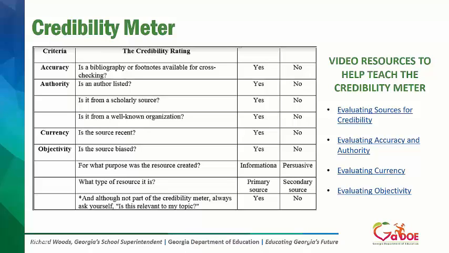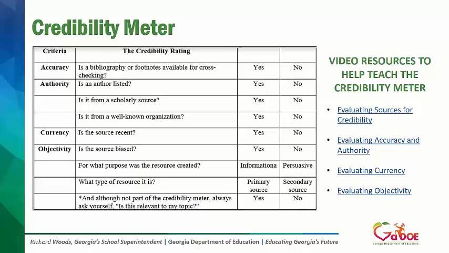For me, primary source, secondary source, I don't know what those are. You might be more knowledgeable than me in finding credible sources. So I found some videos, so if you want to teach how to find credible sources using the credibility meter, there are some YouTube videos in here for you to look at, like evaluating sources for credibility, evaluating accuracy and authority, and currency and objectivity.